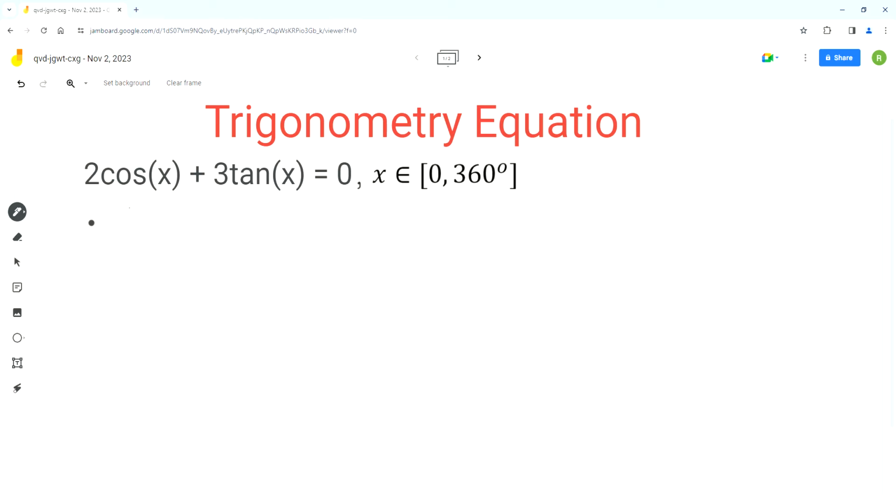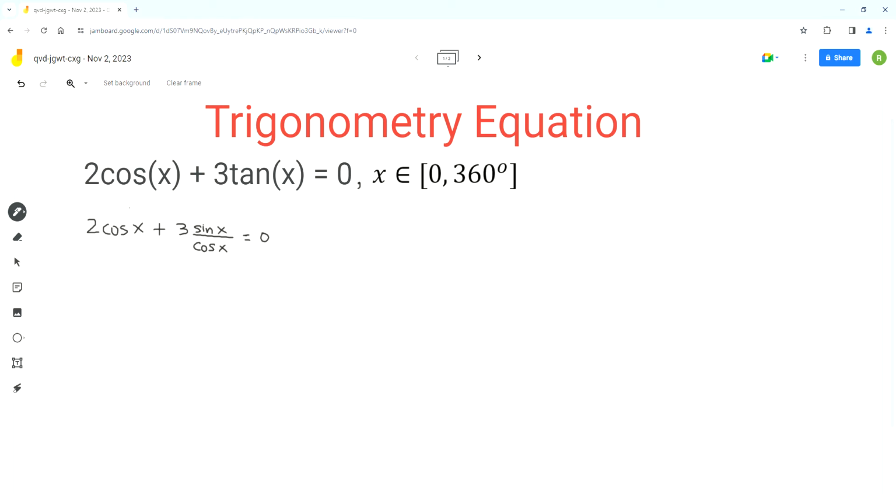So our first step is 2 cos x plus 3 sine x over cos x equals 0.